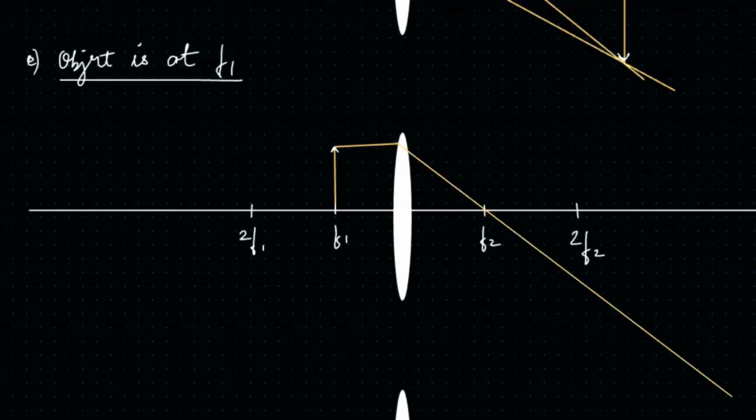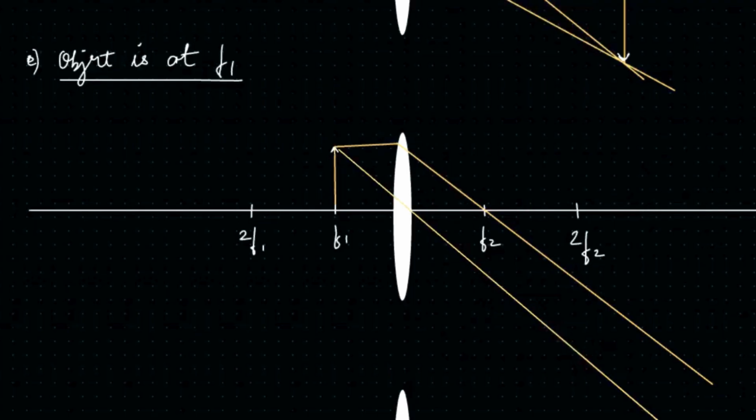Similarly, the second ray which passes through the optical center will be undeviated. There will be a slight difference in the actual ray diagrams and what we draw over here. But you can see here that the rays are parallel, or we can also say that they will meet at infinity.